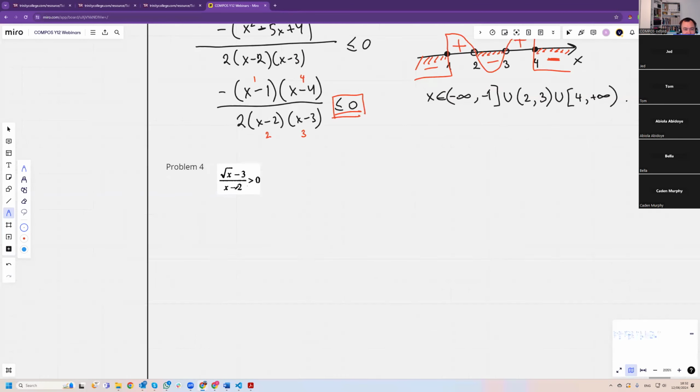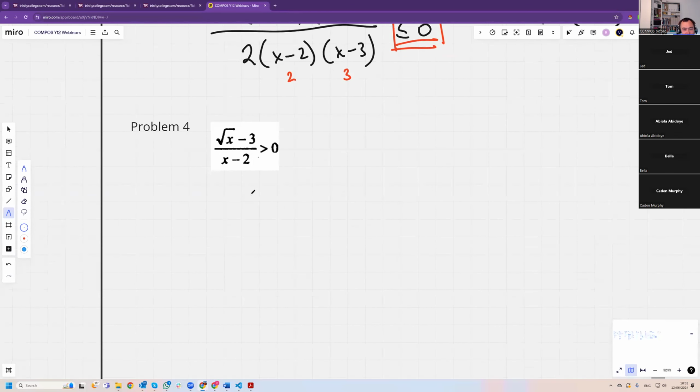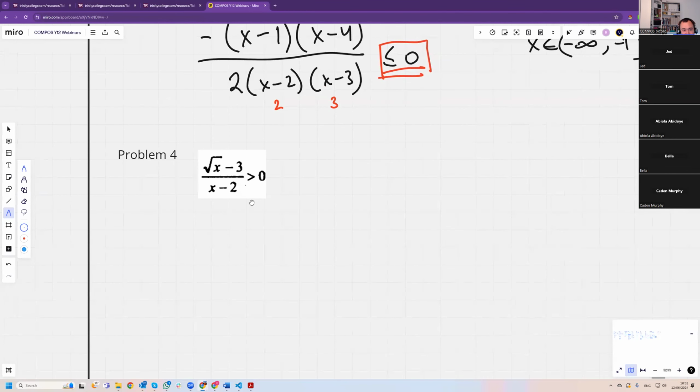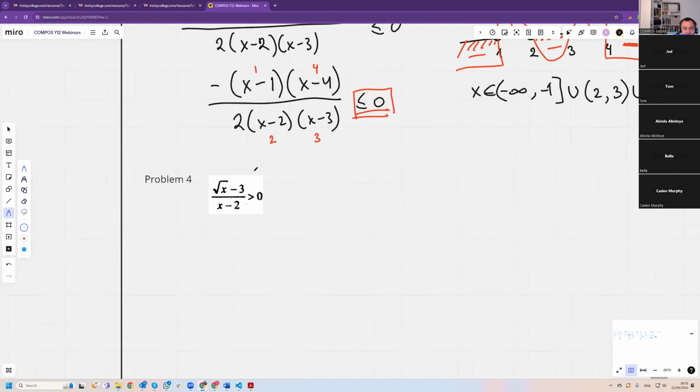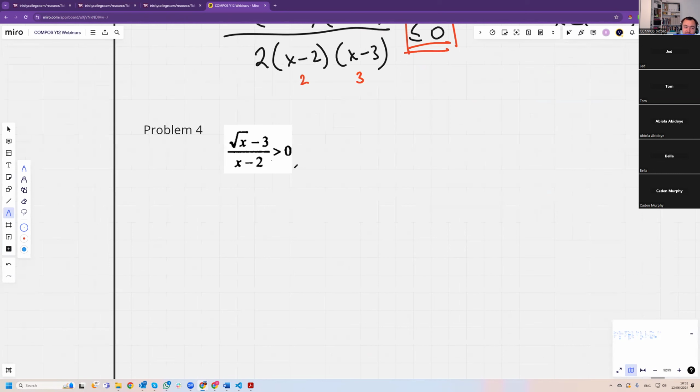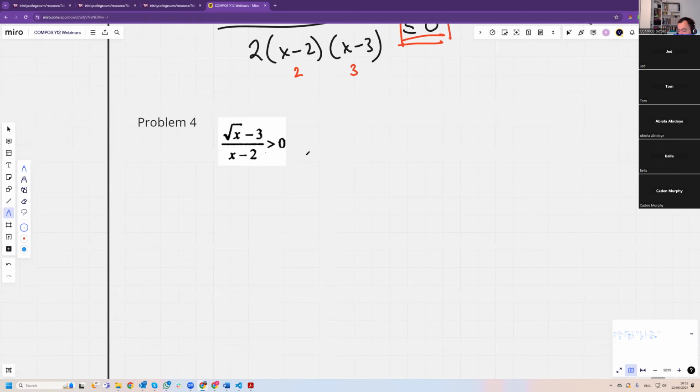All right. Now this one. This one doesn't look like the previous one, but we can still use elements of that. We just need to do some extra steps, perhaps. First of all, we notice that because there's a square root of x, you cannot have a square root of a negative number.